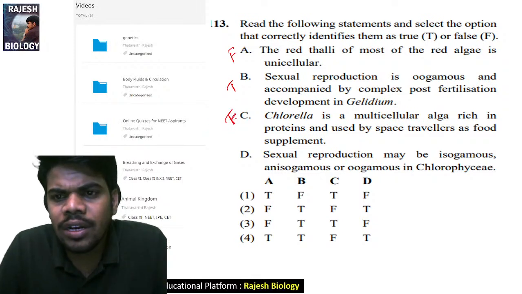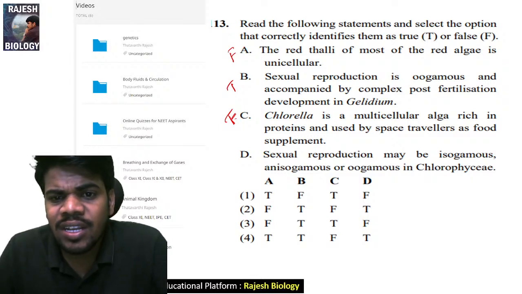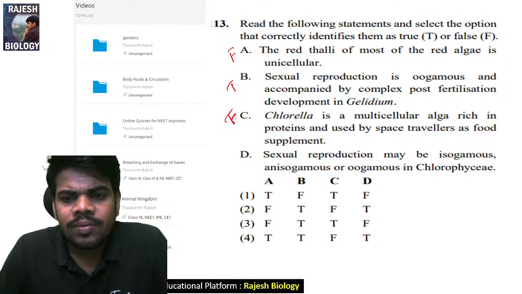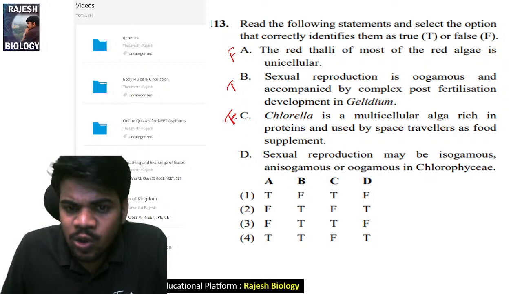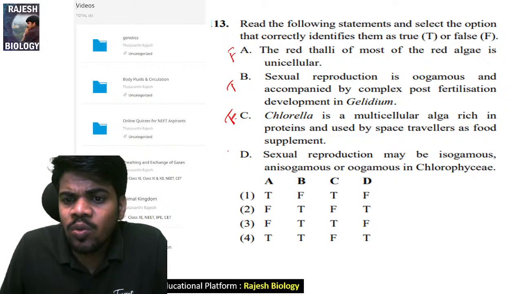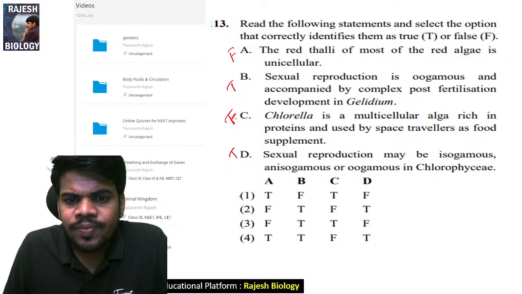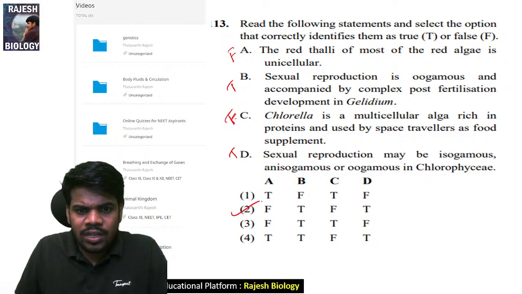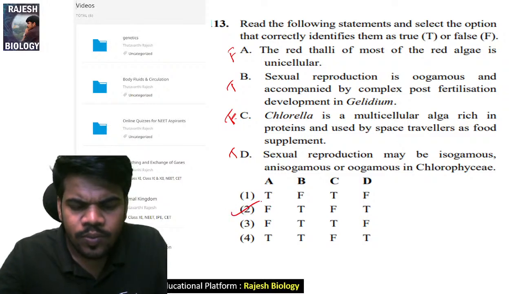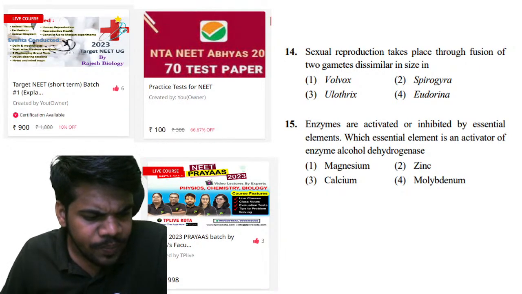Sexual reproduction may be isogamous, anisogamous, or oogamous in Chlorophyceae. Correct. So false, true, false, true. The right answer is 2. Next question. Yeah, Gnaneshwari.